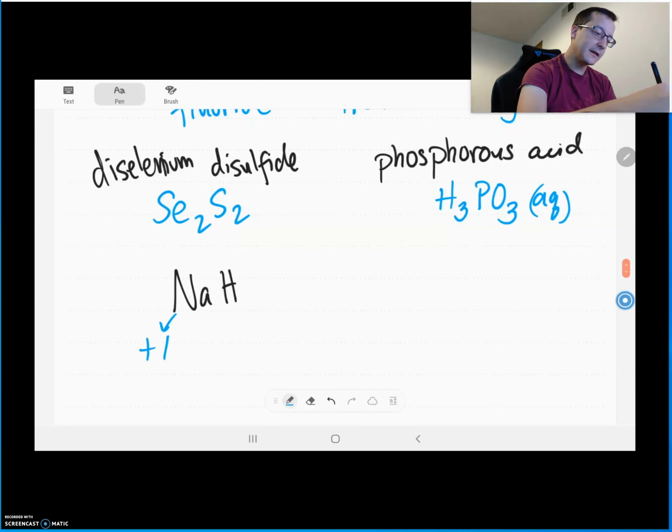So that tells us that hydrogen is what charge? Yeah, Robert. Unfortunately, two positives are not going to come together here. So hydrogen in this case is -1. So remember, hydrogen could go either way. It depends on what it's mixed with.